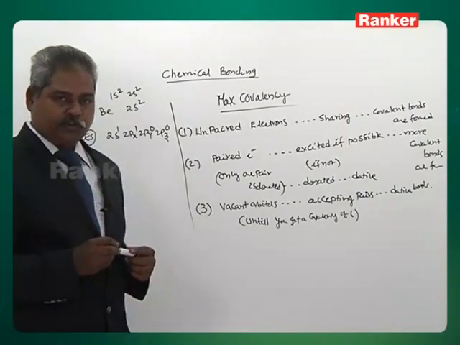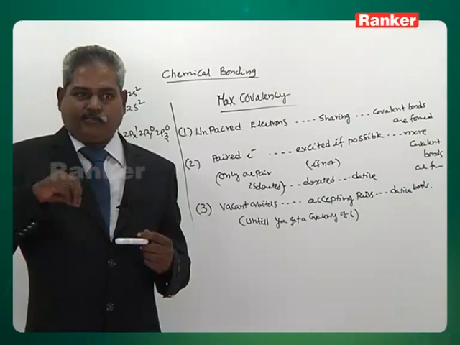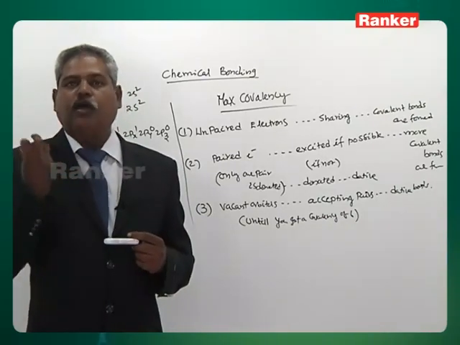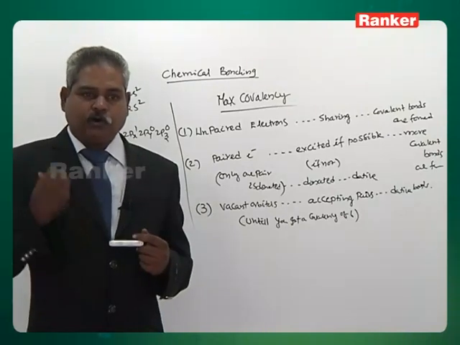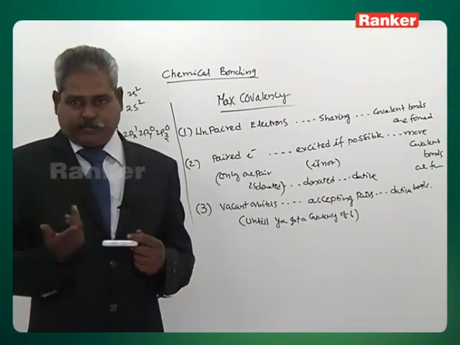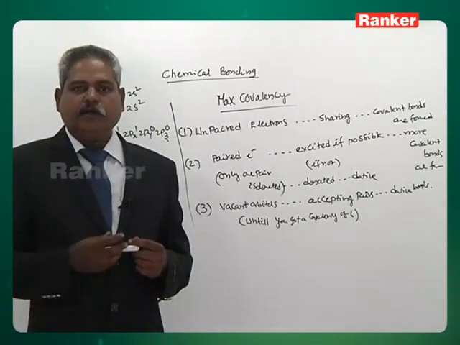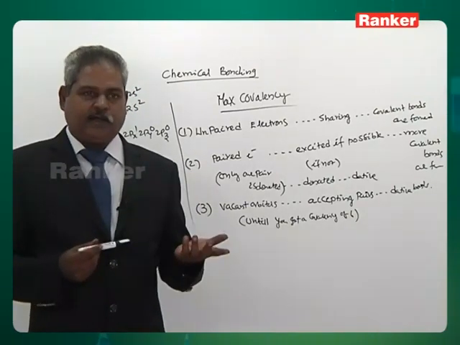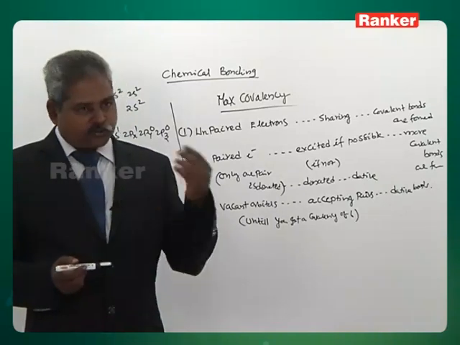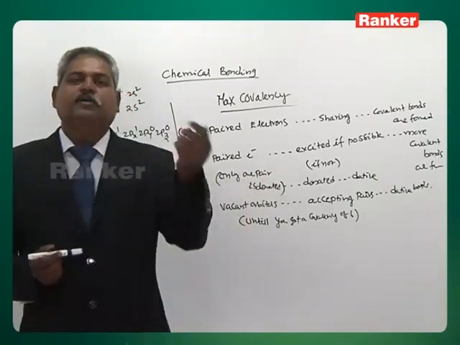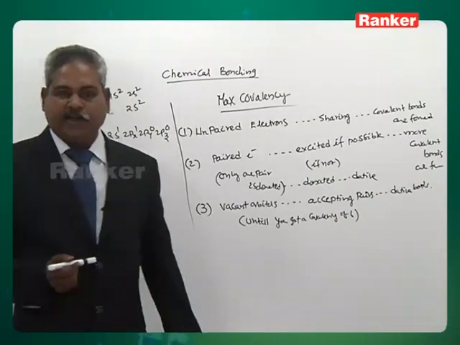Our textbooks say when beryllium forms beryllium 2 plus, it becomes a very small ion, and small ions are more covalent. So, when the beryllium ion is formed, it develops covalent character. It doesn't mean that it forms beryllium ions and then develops covalent character. To start with, it is covalent. It has a covalent tendency.